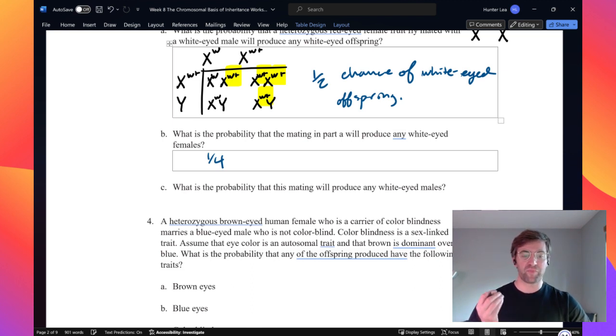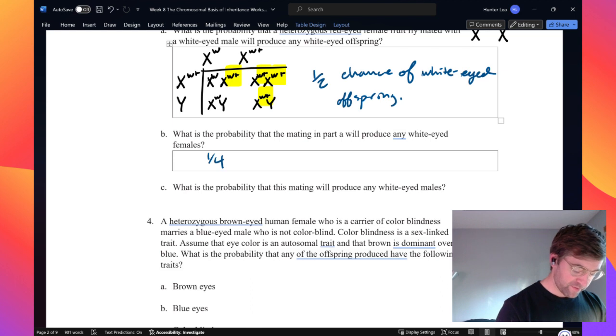The question is asking the probability that any of the offspring will be white-eyed and female. So the other way that you could do this is by simply multiplying those ratios together. I'm going to erase this answer so you can see this again.